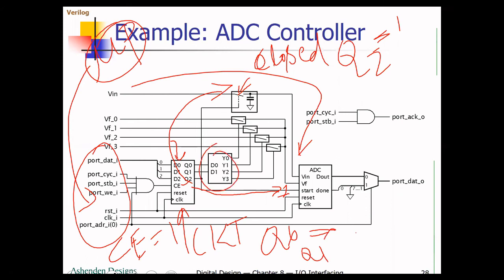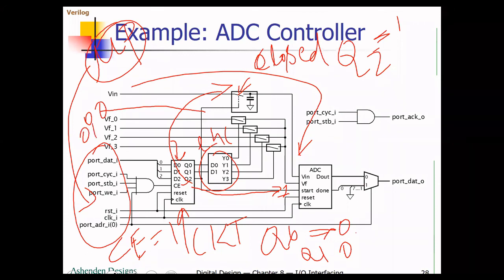This is your encoder circuit. If 0 0, the reference voltage is V0. If 0 1, reference V1; if 1 0, reference V2; if 1 1, reference V3.